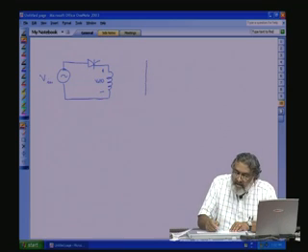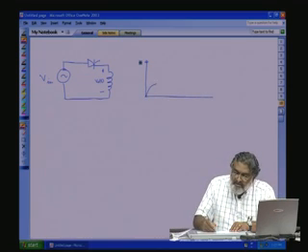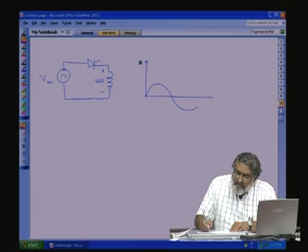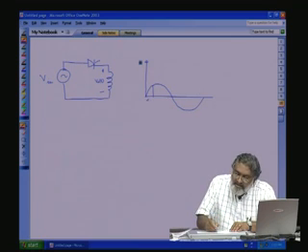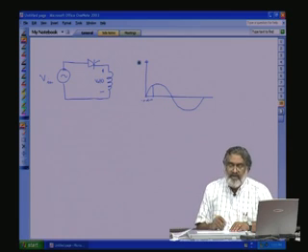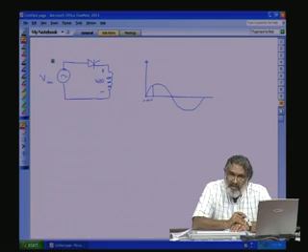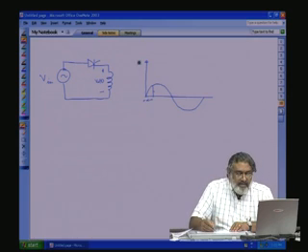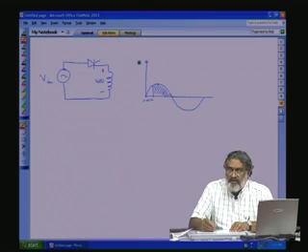If you see here, this is our voltage waveform. Alpha is fired here, the firing angle is from here. Now, what happened? Because of the inductance, previously when the resistive load was there, the nature of the current variation across the resistance was exactly the same as the voltage variation.